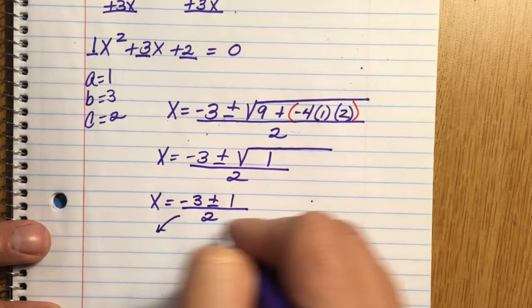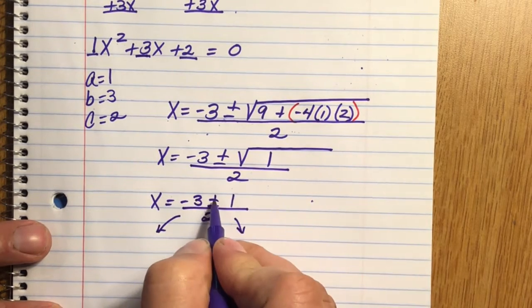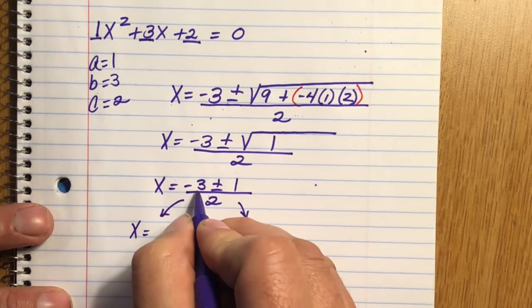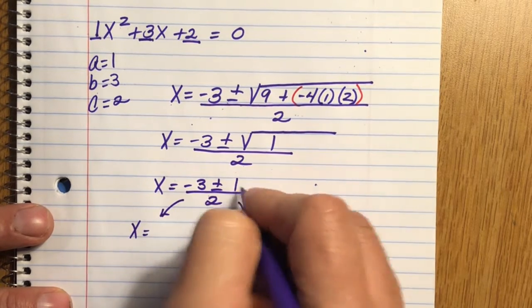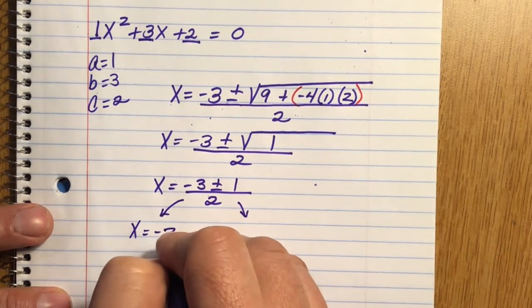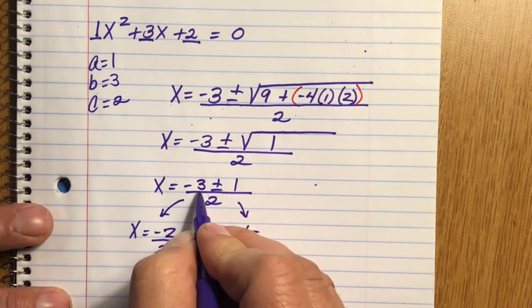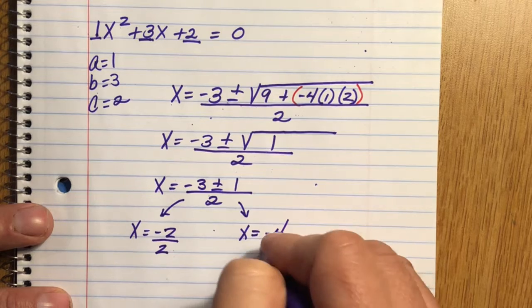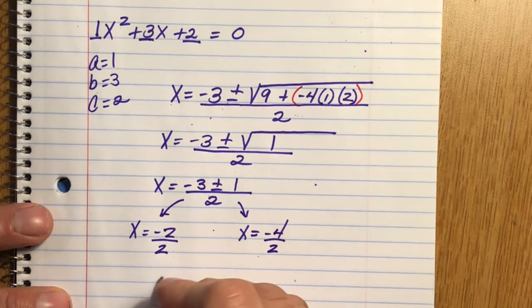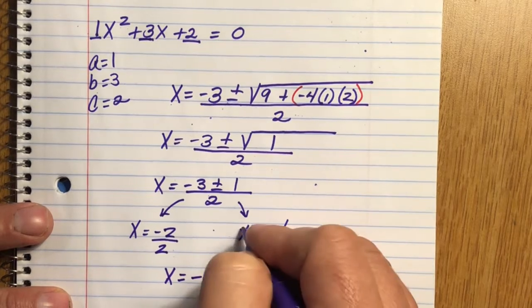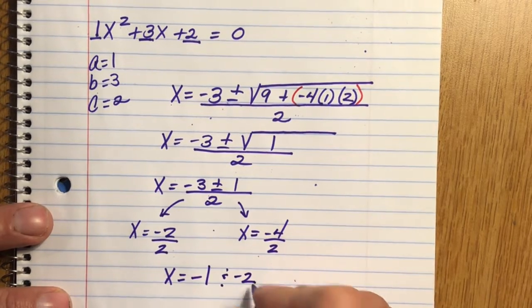This is where I'm going to break it off into the positive and the negative. So x equals, all right, -3 plus 1 is -2 over 2. And negative 3 minus 1 is negative 4 over 2. So x equals negative 1, and x equals negative 2.